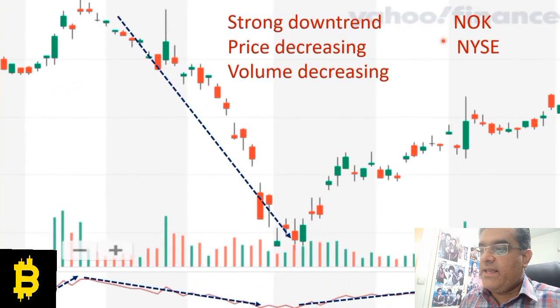And here the volume shows that volume is also going up. This is a good detection that it is a strong uptrend too. Now in this graph, you see that the price trend is downward, and here is the volume.